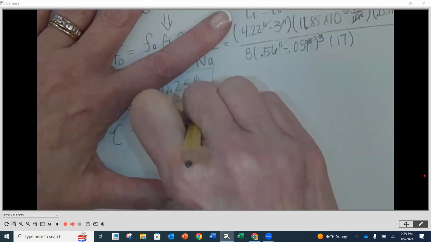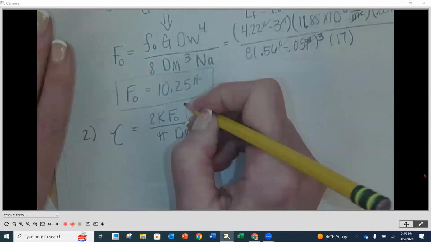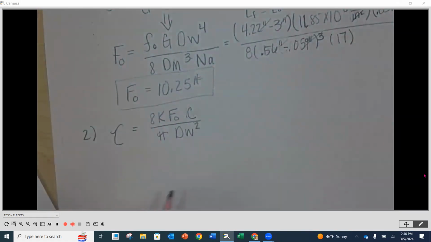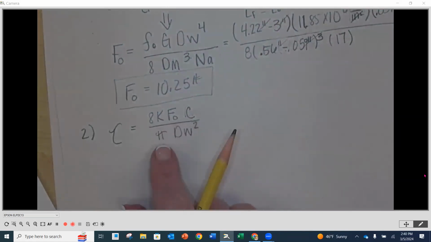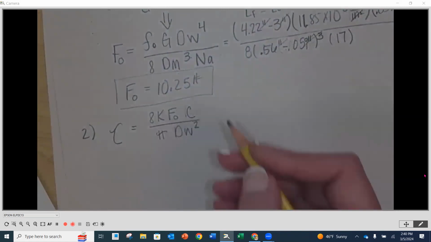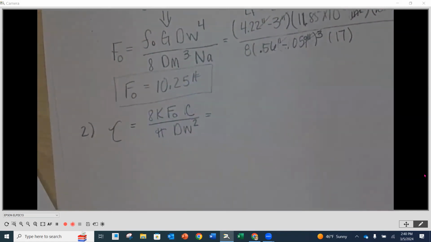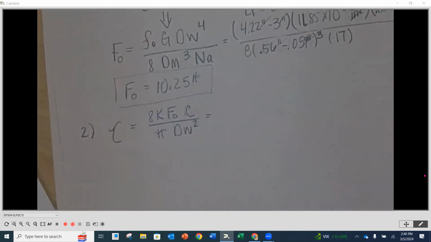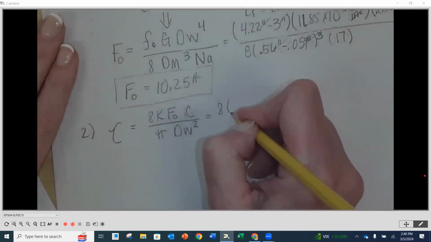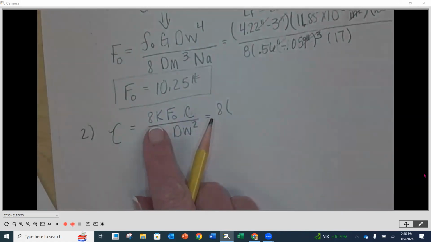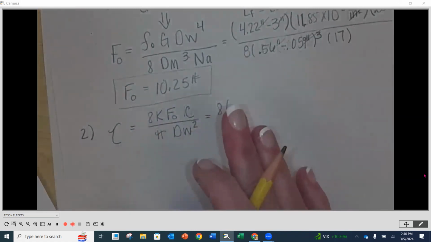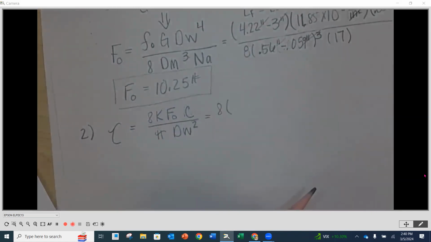Oh, I know I'm doing that wrong. C, I'm using the second one. So it's 8K FC divided by pi dW squared. Each one of those values we already know. So we know 8 times our K value. We calculated the K value in, oh, we didn't calculate the K value yet.